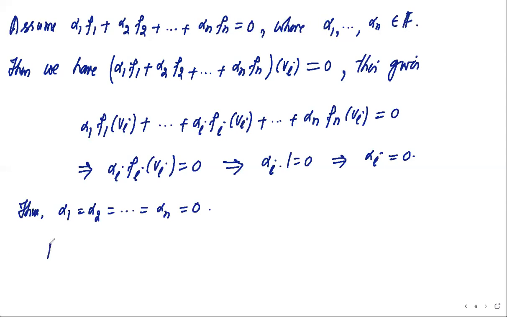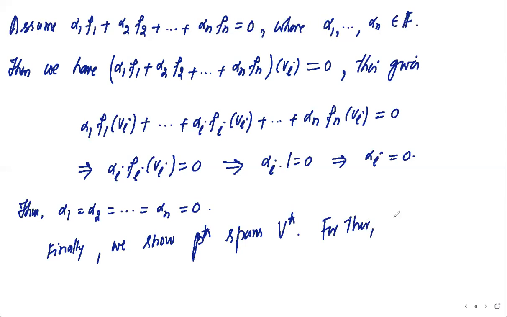So finally we check, we show that beta star spans V star. For this, choose f belonging to V star arbitrarily.